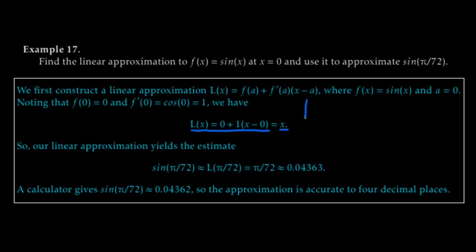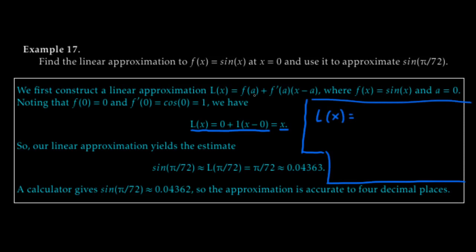So if we did cosine, which, because this is going to be super easy, we can just do it right over here. So if we did cosine instead, near 0, in that case, we would get cosine of 0.